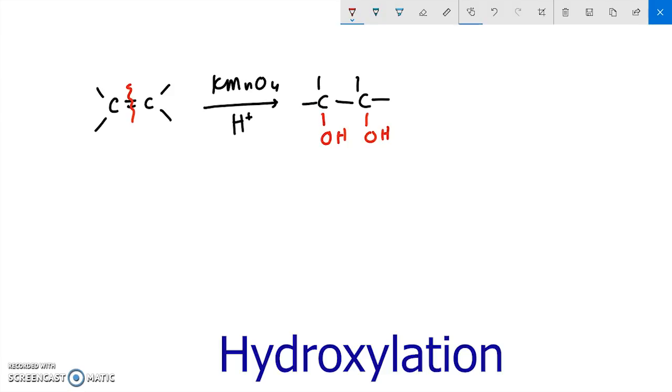This reaction, which also uses potassium permanganate, is also known as a chemical test, which is the Baeyer test. The Baeyer test is being used to identify unsaturated hydrocarbons such as alkene and alkyne, compared to the saturated hydrocarbon like alkane. For instance, if we have pentene, the double bond is located between carbon number 1 and number 2, and we apply the potassium permanganate.